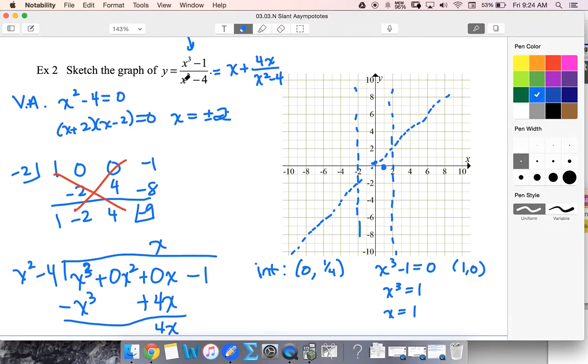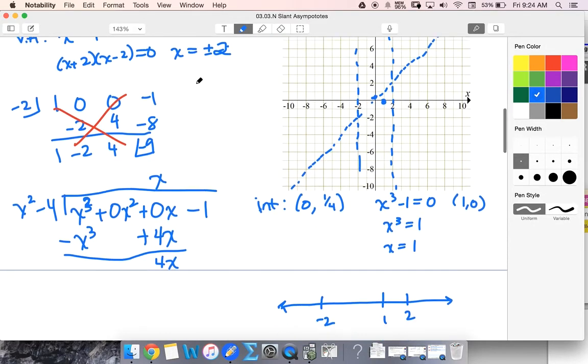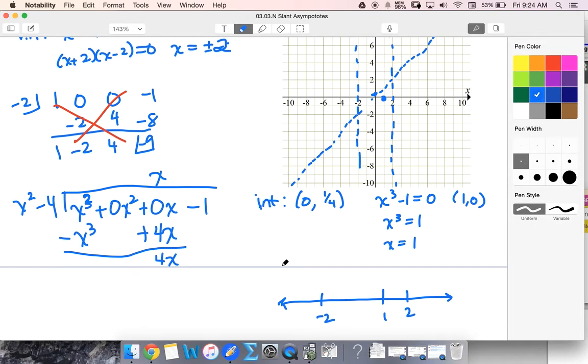Negative 3 squared is 9, so 9 minus 4 is a positive number. Negative divided by positive is negative. So over in this region, all of my y values are going to be negative. So for any x less than negative 2, my y values are negative. That tells me that I'm going to follow my asymptotes down in quadrant 3 where all my y values are negative.